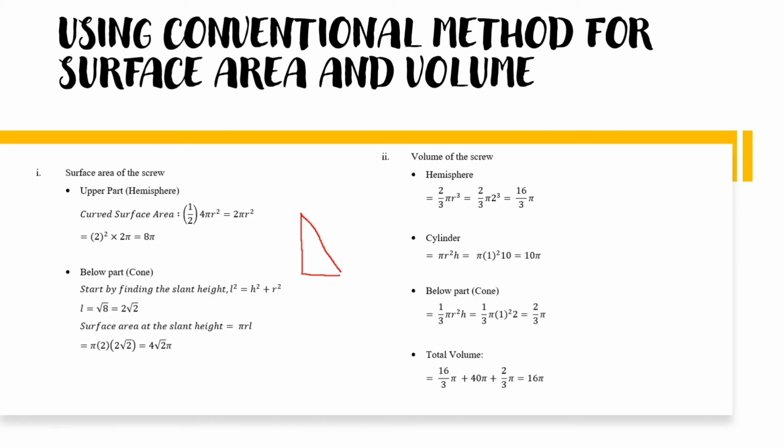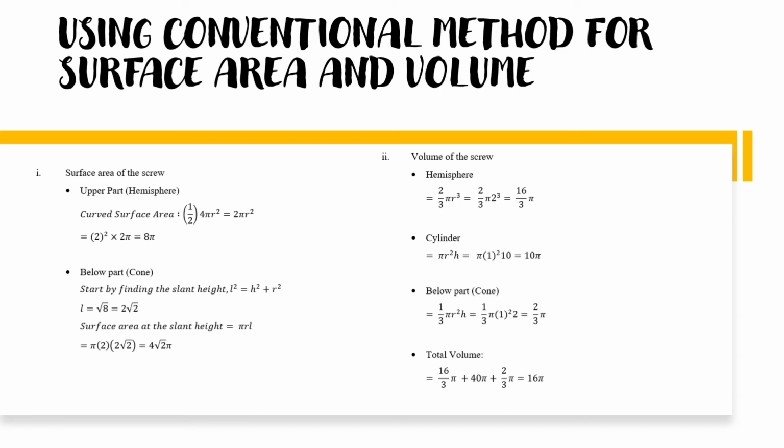So this is L, this is H, this is R. Then we got L equals 2 square root 2. So we got the final answer 2 square root 2 for the slant height. So we got the formula pi R L. L is the slant height, R is 2, and then we get 4 square root 2 pi.